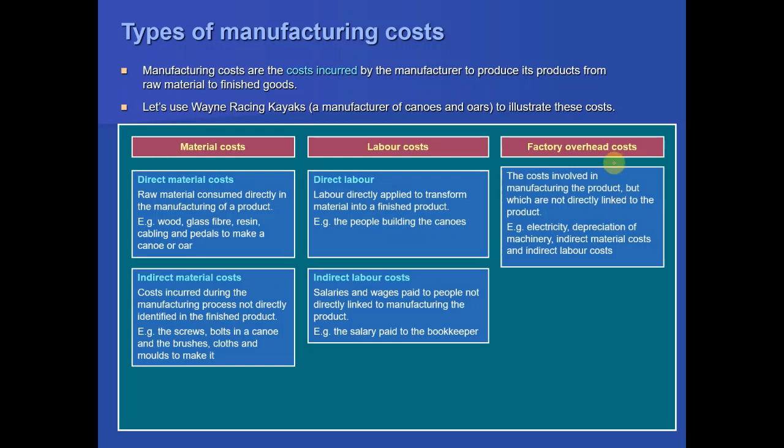And then finally we have our factory overhead costs. This is the costs involved in manufacturing the product but which are not directly linked to the product. For example, electricity, depreciation of machinery, indirect material costs, and indirect labor costs. So this indirect material and indirect labor cost forms actually part of the factory overhead.